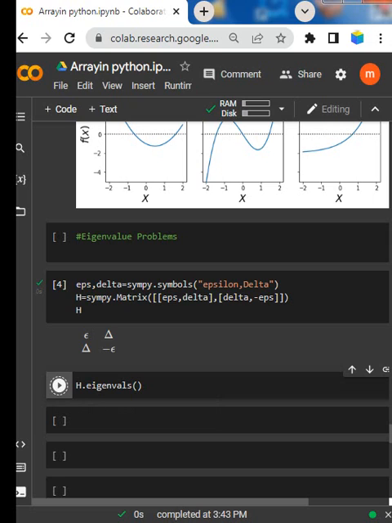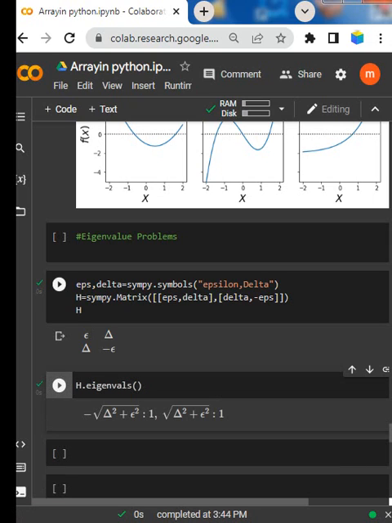So let's see. H is a variable I have already created. Look here, this one should be inside of this bracket, but we don't need it.